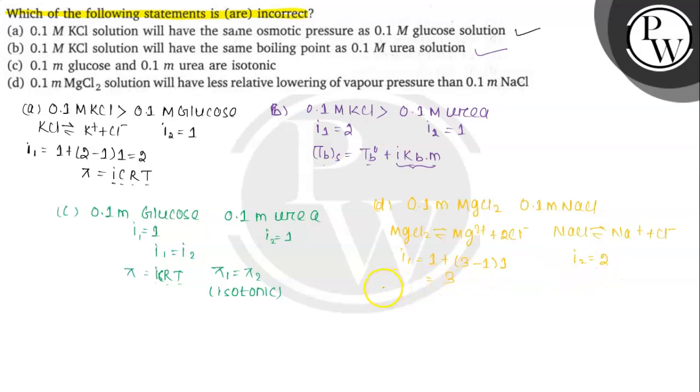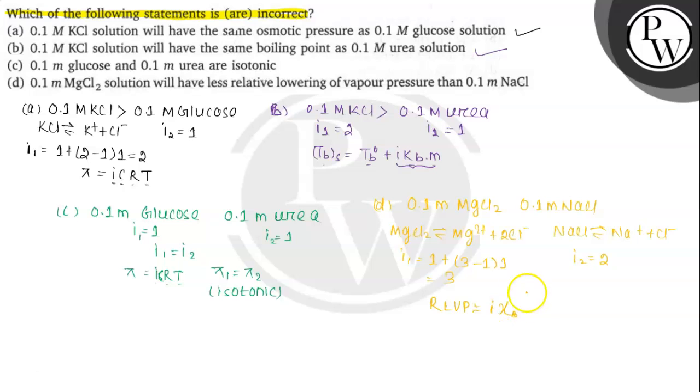So the statement says that MgCl2 solution will have less relative lowering of vapor pressure than NaCl. So we know that the formula of relative lowering of vapor pressure is delta P by P naught, which is equal to i into the mole fraction of solute.